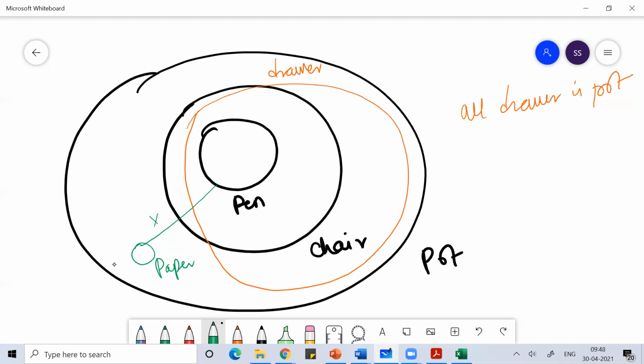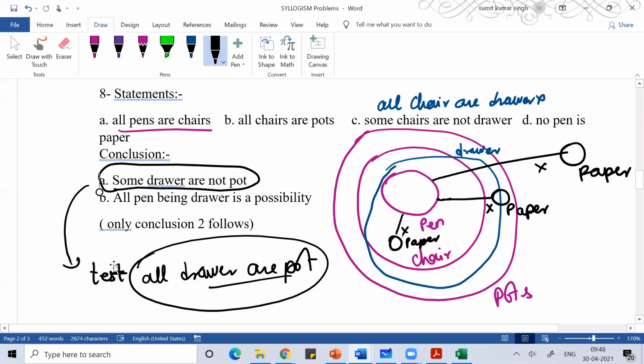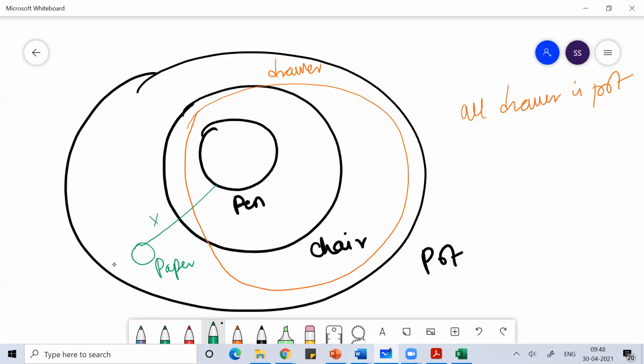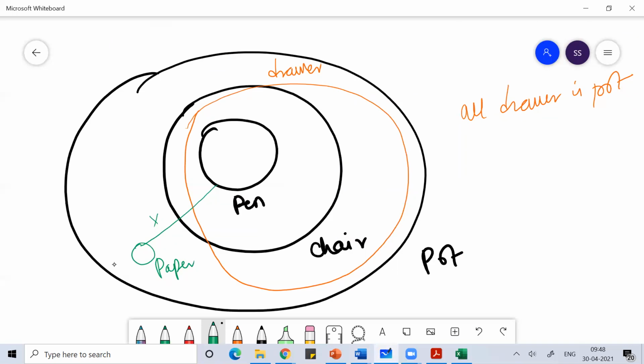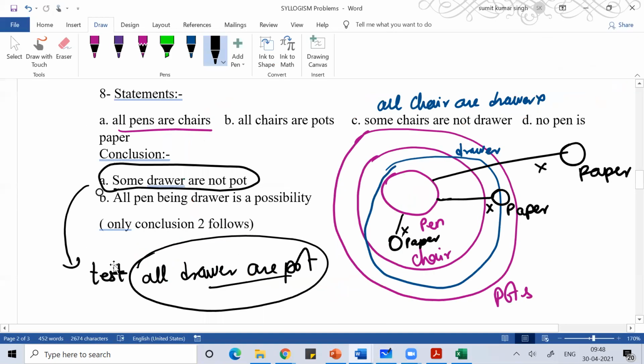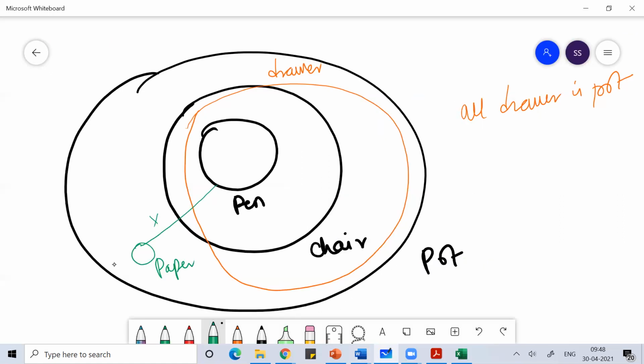So this is the diagram I've drawn. Let me read the statements again. All pen are chair, yes. All chairs are pot, yes. Some chairs are not drawer, correct.